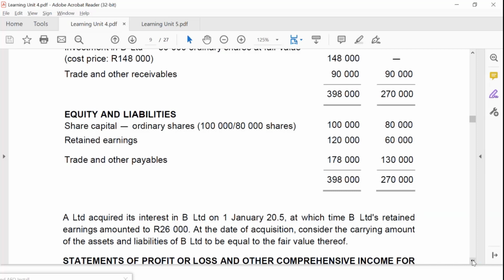The debit, which is the bank, is 148,000. But the credit, if you add the share capital and the retained earnings together, is 106,000. Our journal does not balance. There has to be something that is still missing, right? And what is that thing that is still missing? What do you think will make our entry balance?